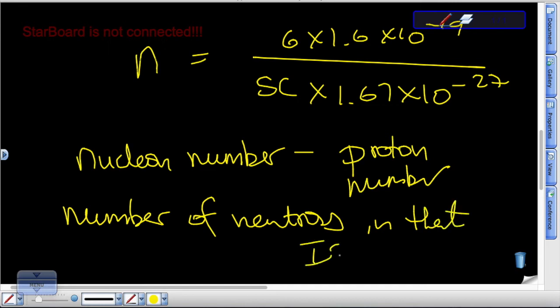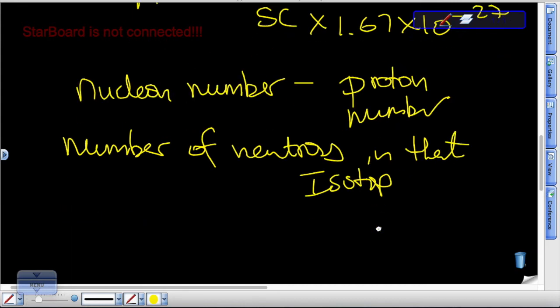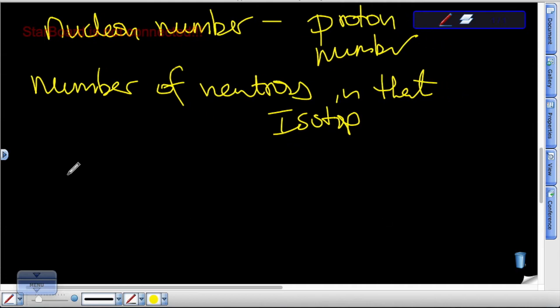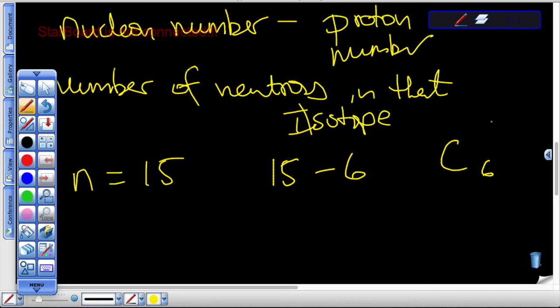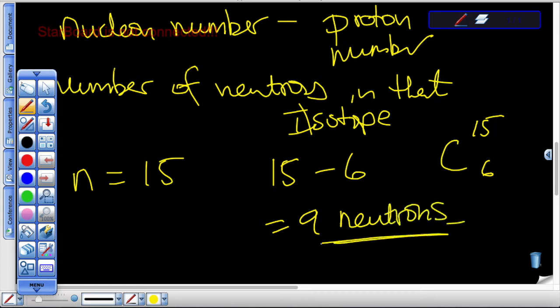An example: let's say you got an answer of N equal to 15, so the nucleon number is 15. Then 15 minus 6, because you know carbon has 6 protons, means it's going to have 9 neutrons.